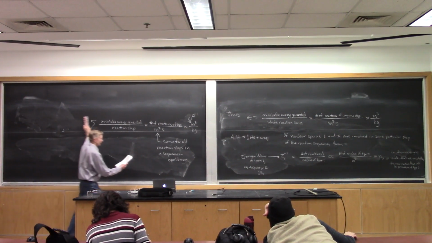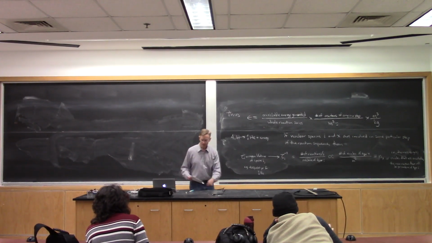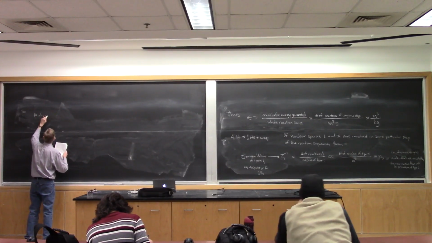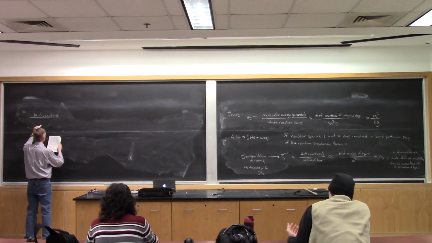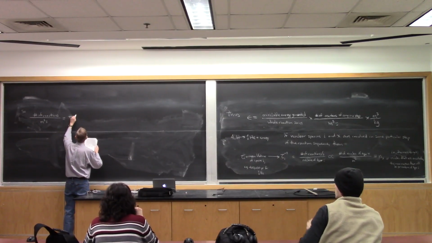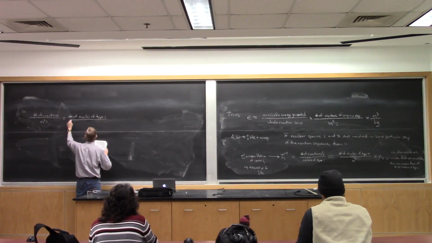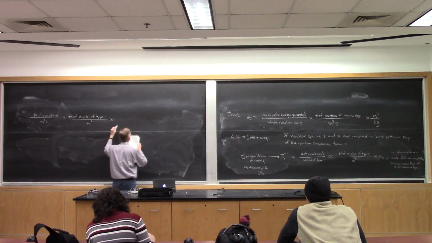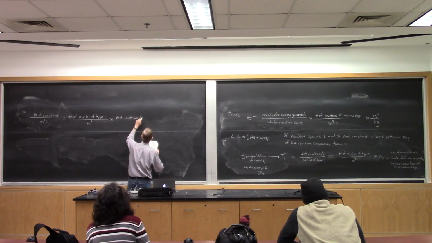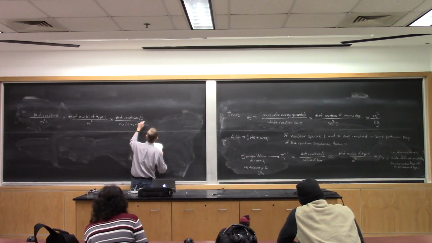Okay? So the number of reactions per cubic meter per second is going to be equal to the number of nuclei of type I per cubic meter times the number of reactions per second per nucleus of type I. Right?